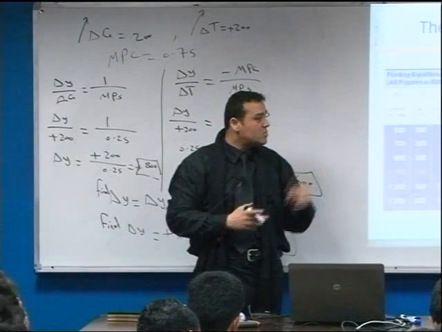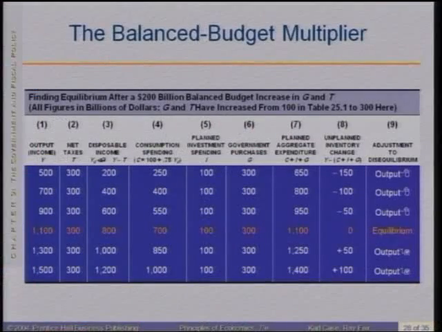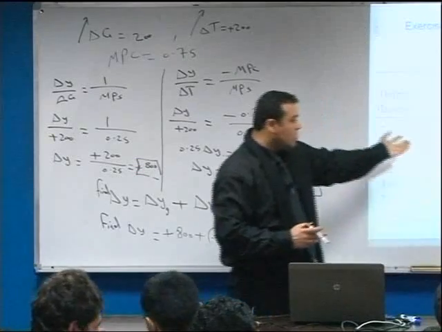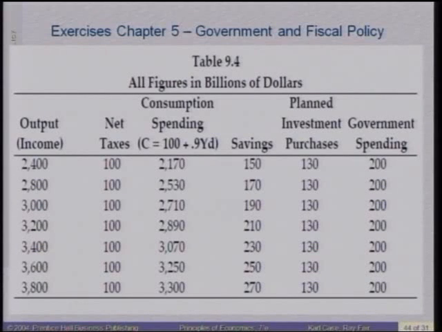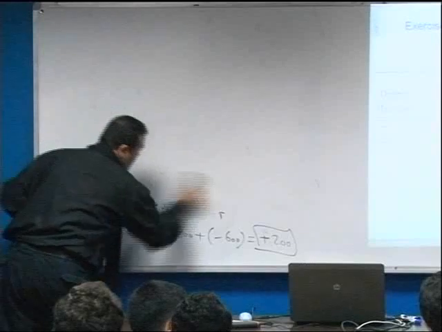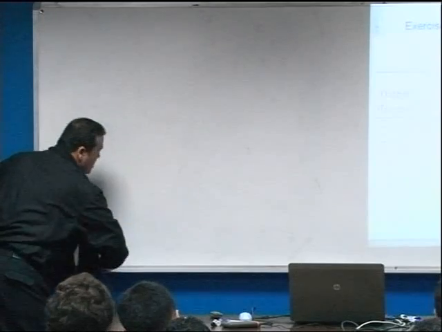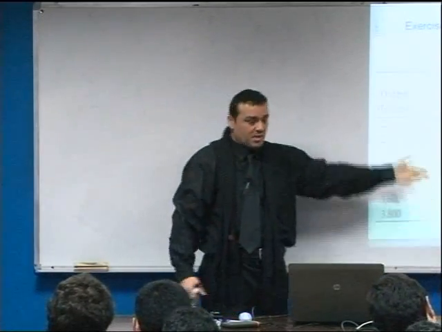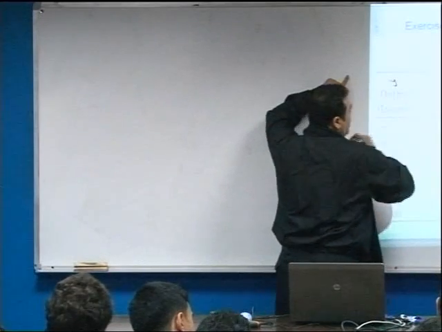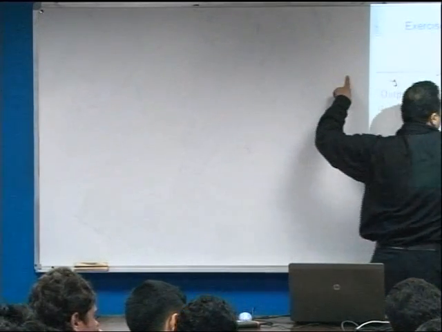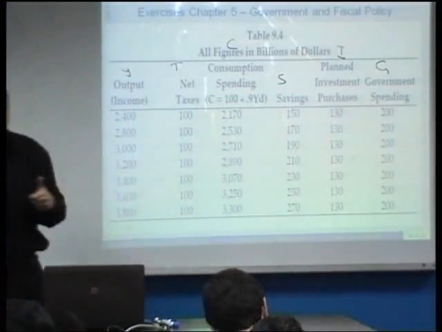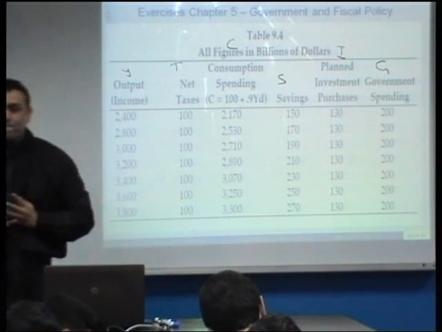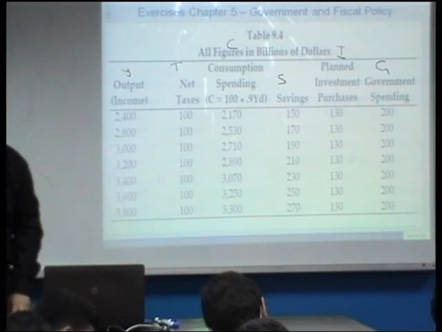So let's go to the exercises to be clear. Okay, let's go to this example. As you see, we have information or data about an economy. Let's discuss this data and what the questions are. As you see, we have Y, the aggregate income, taxes, consumption, saving, I, G. The question is, number one, derive and calculate the equilibrium level of income.